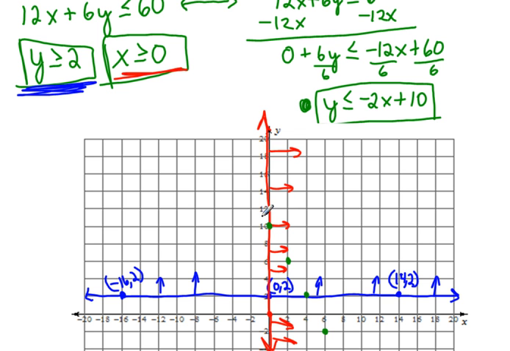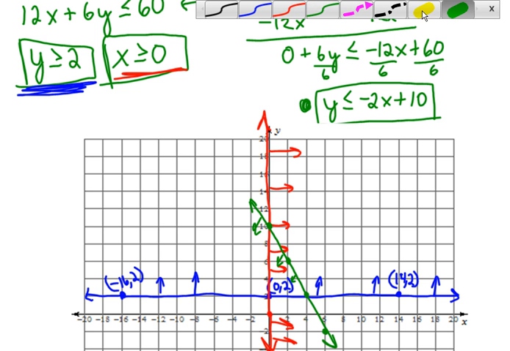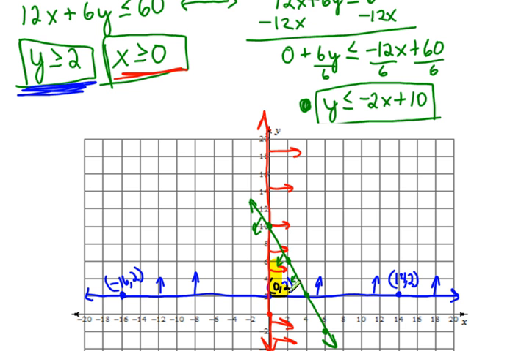So I'm going to connect these dots here. And that's less than, so I'm shading everything below here. So really what's the area in my graph that everything is true is right in here.